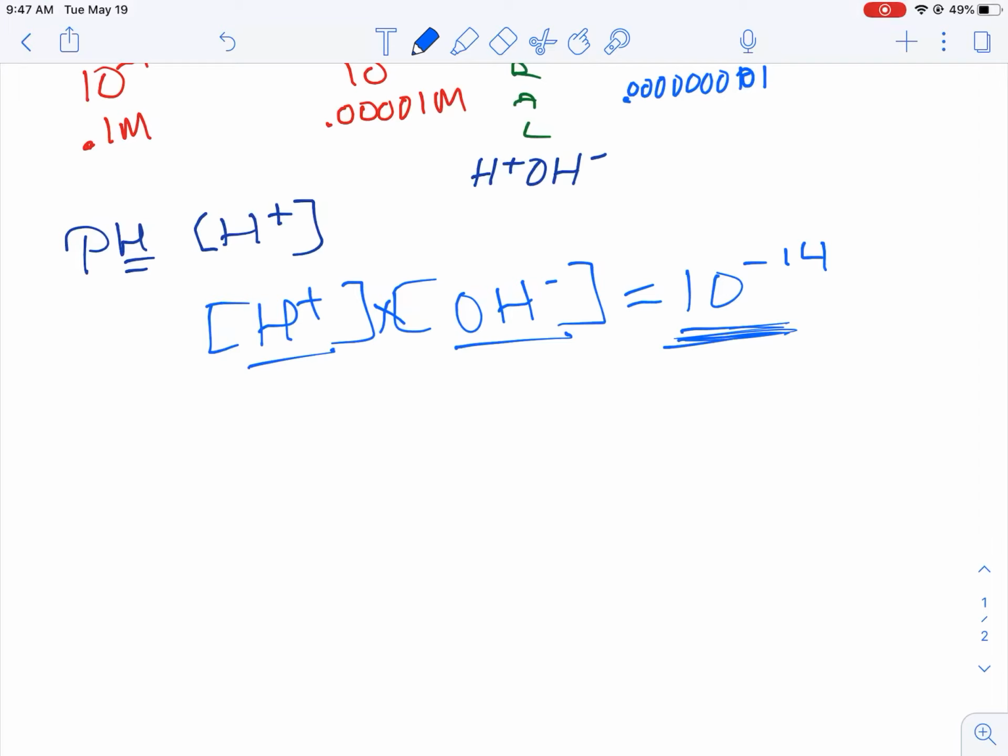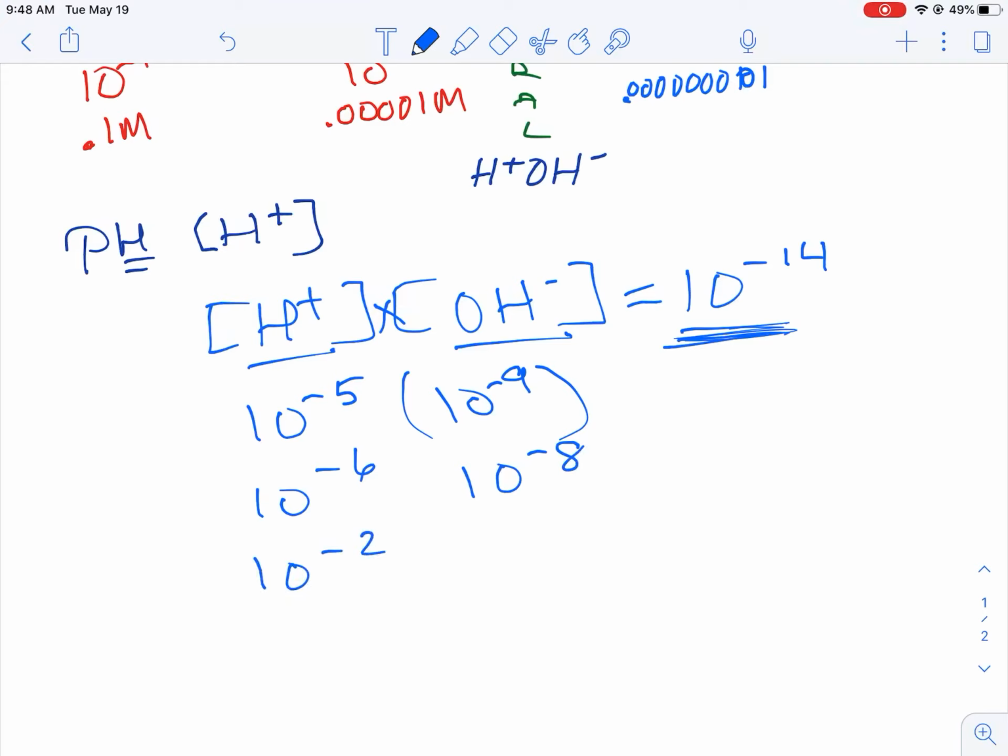So say I have a number like 10 to the minus 5. This exponent here for OH must be 10 to the minus 9. If this is 10 to the minus 6, then this has to be 10 to the minus 8. If this is 10 to the minus 2, this has got to be 10 to the minus 12.